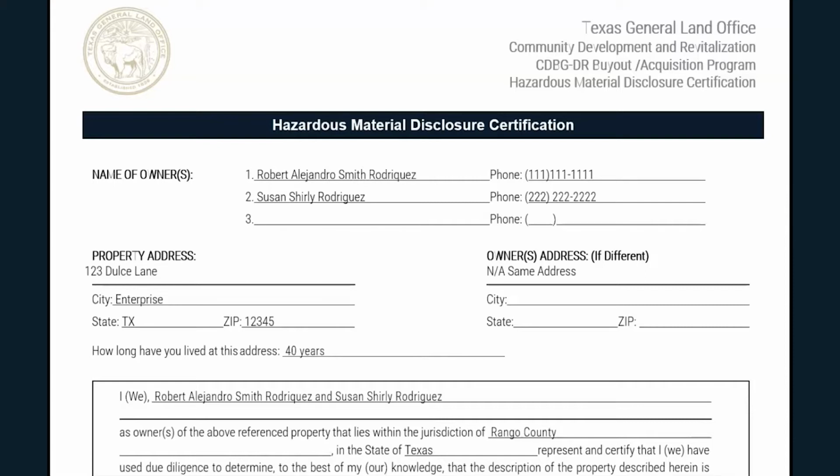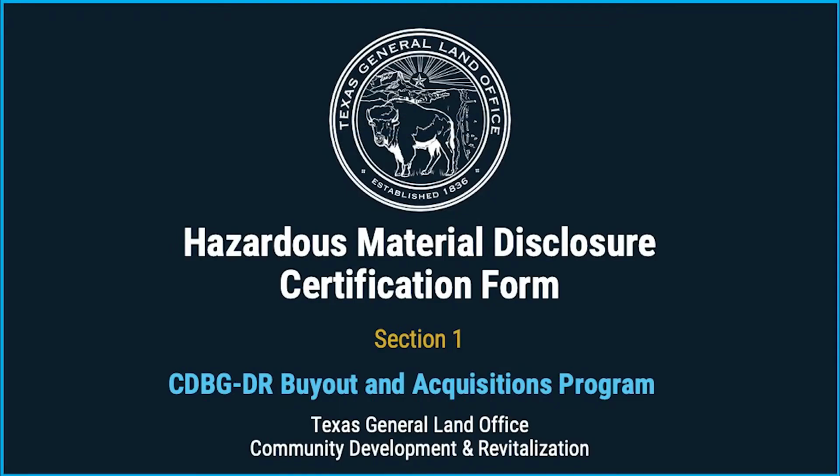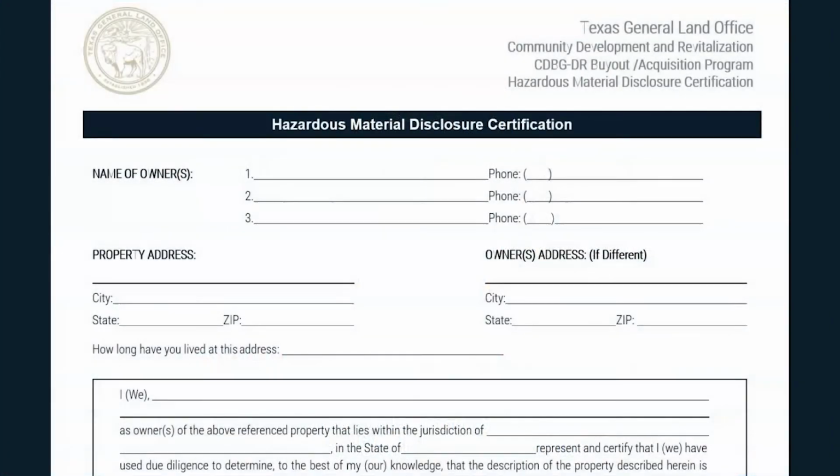For this video, I'll use an example of a fictional applicant and location to explain how to complete the Hazardous Material Disclosure Certification. The first section of the form is to complete applicant information. On the first row, the applicant should input the name and phone number of all owners or persons with interest in the property.